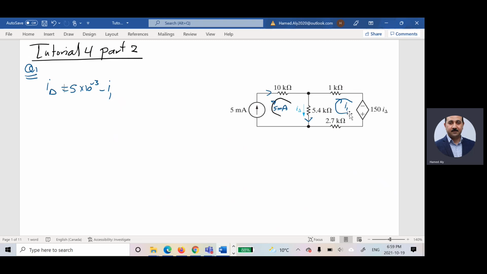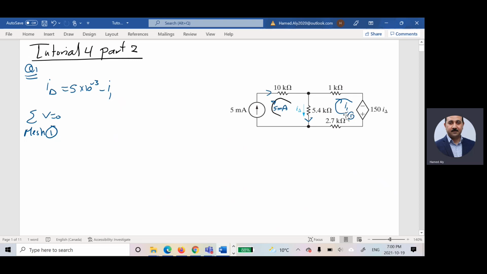So imagine that, for example, this mesh is number 1. So summation V is equal to 0 for mesh 1. If you still remember, I told you that if you would like to write the mesh voltage, you will say, here we have I1 in this mesh.